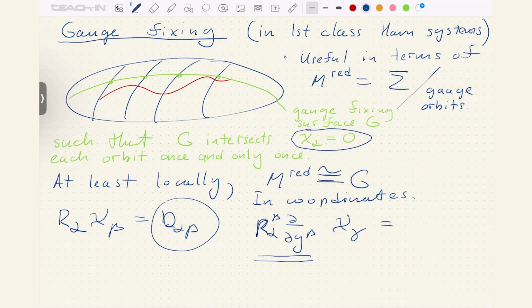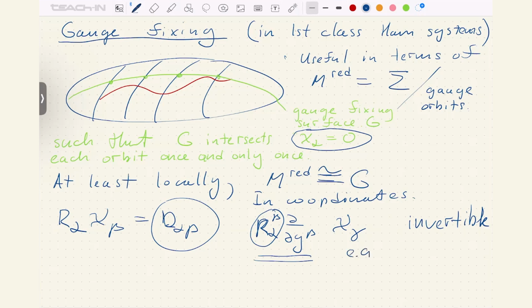Then if you go with this R, R alpha beta has to be invertible, because otherwise it can't generate all the gauge orbit, because otherwise R is not going to have a component along a certain direction. That is why this thing should be invertible. This is the condition.